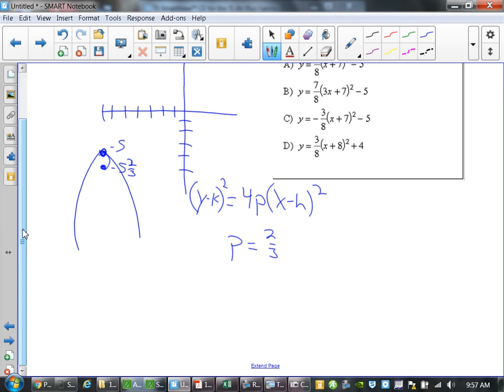Yeah, because the P value is the distance from there. So your distance is 1. That's your P. So your P value, it's moved downwards, so we know it moved down. Negative. So why is it -8/3 and not 3/8?